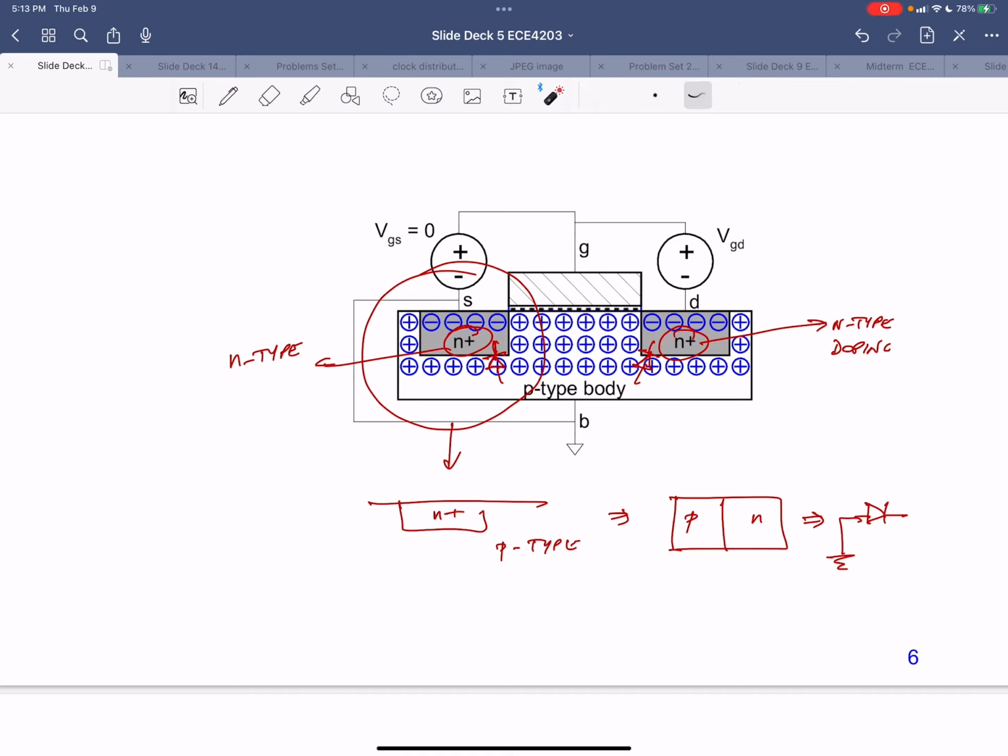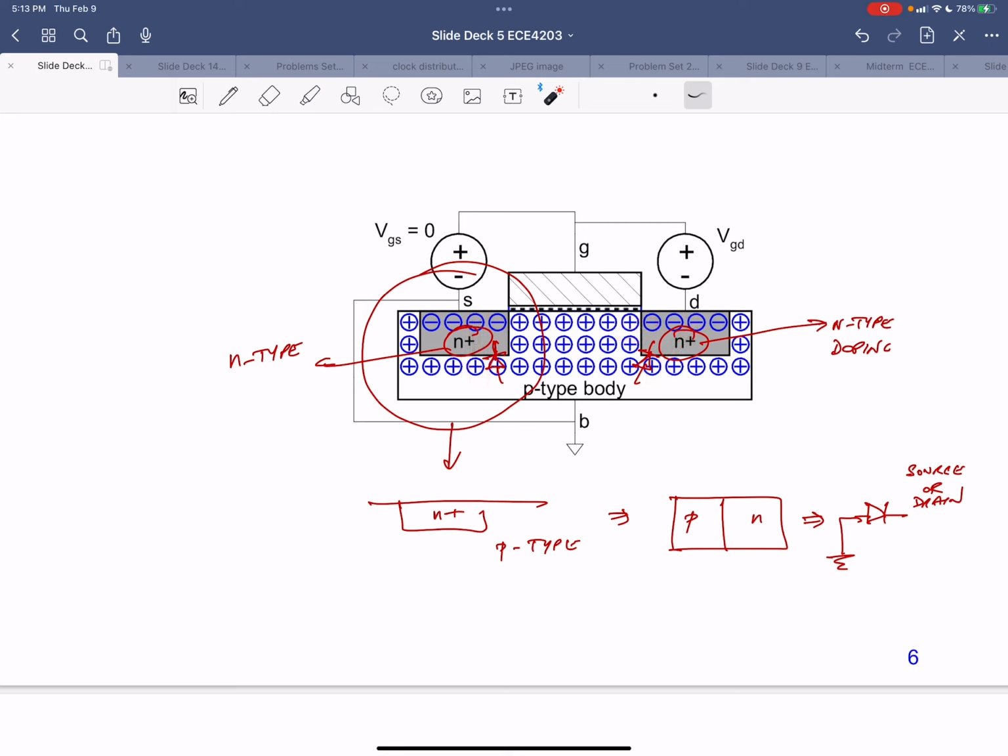As long as my source or drain voltage is above the ground value, anything above that voltage, this diode is reverse biased. So no current, or very little current, flows from source or drain into the substrate, or vice versa.